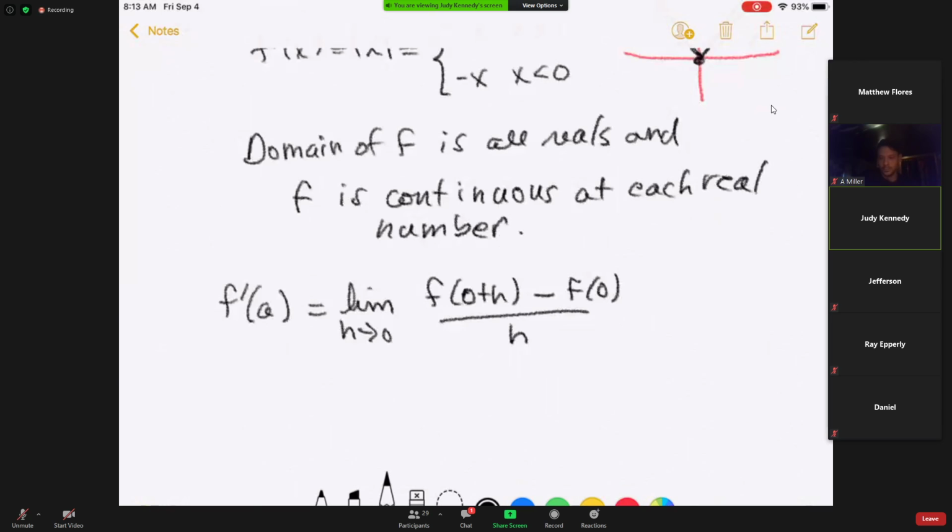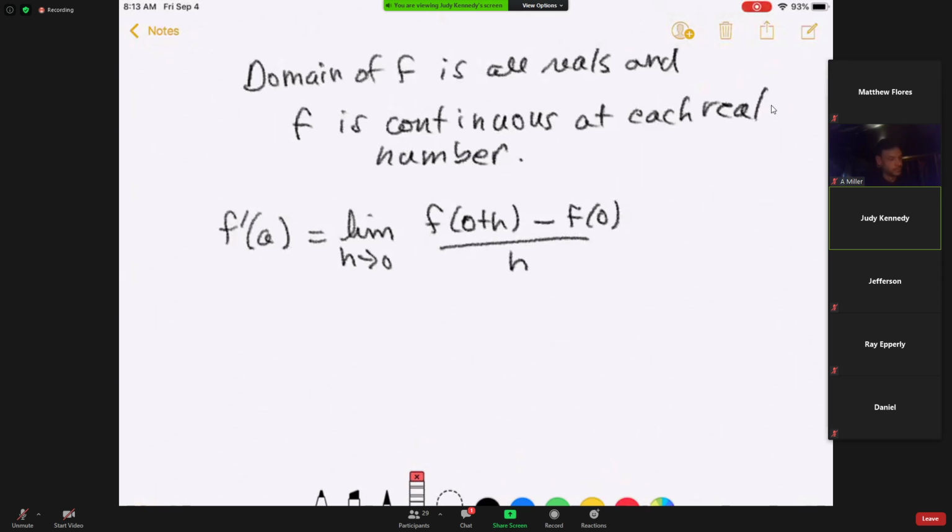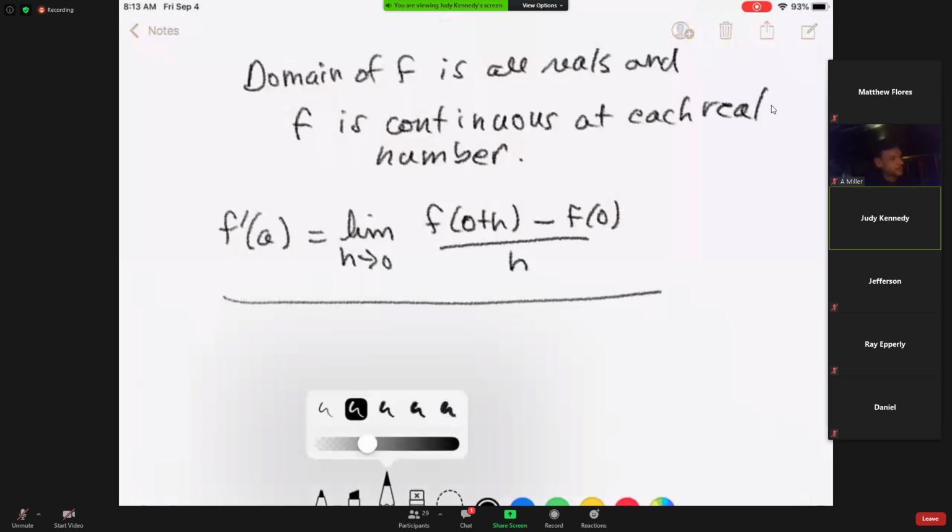And okay, let's see. I'm going to have to split it up, I think, into two cases. But let's look separately at this expression inside the limit.